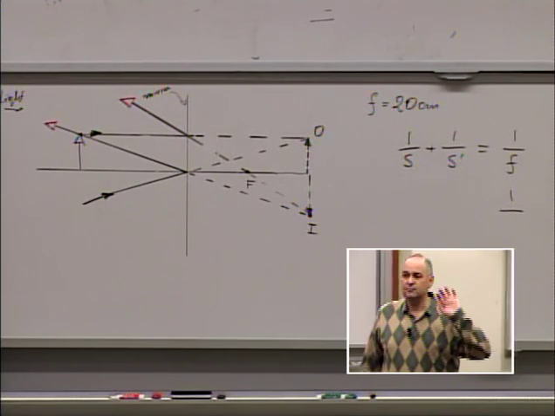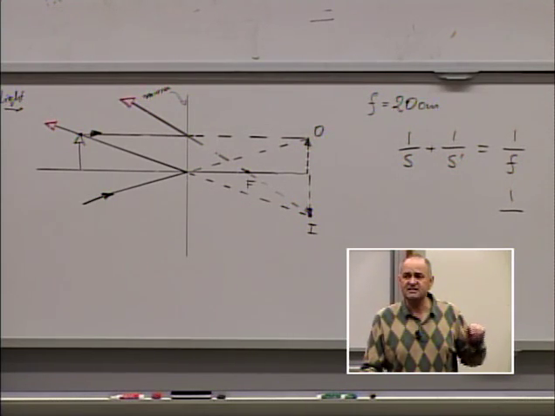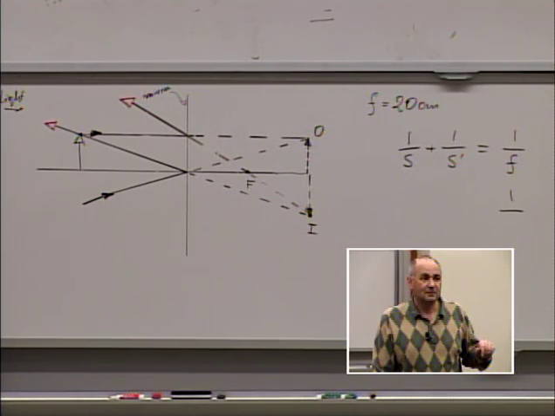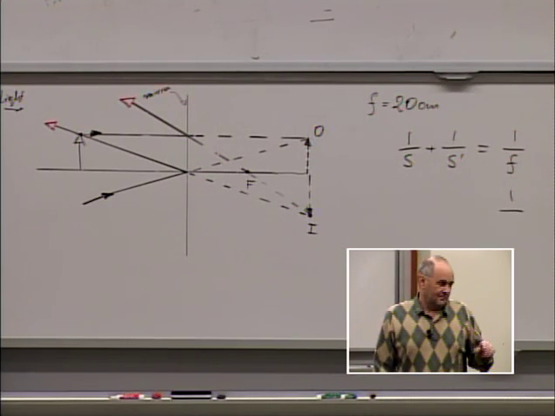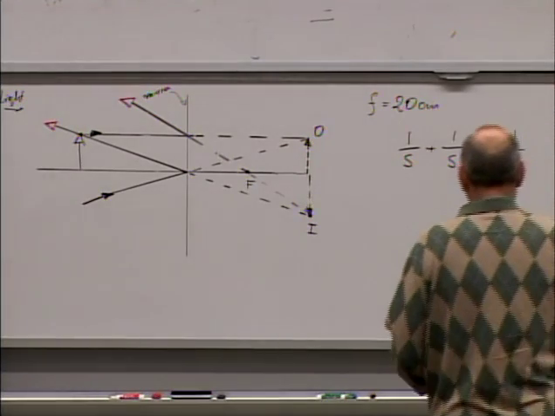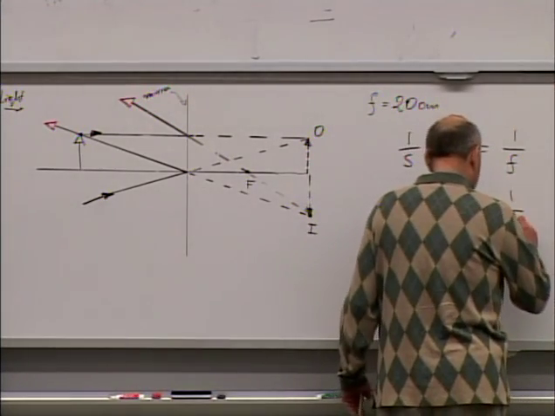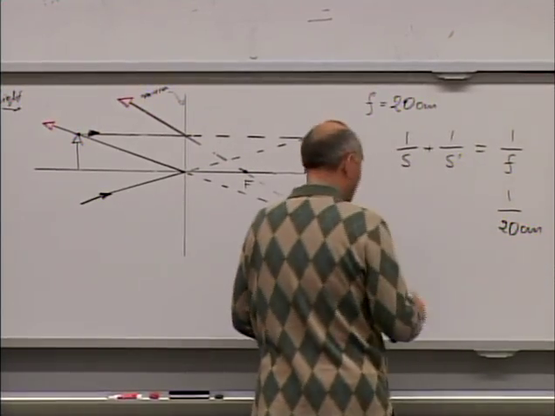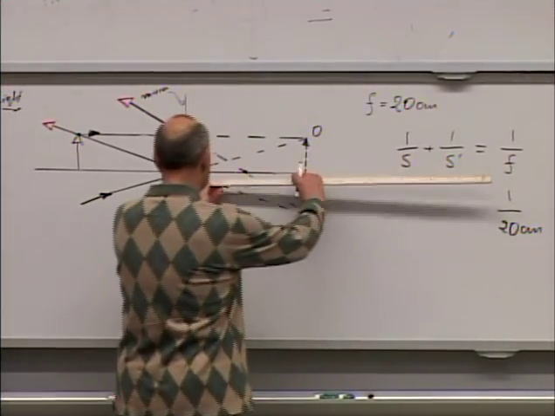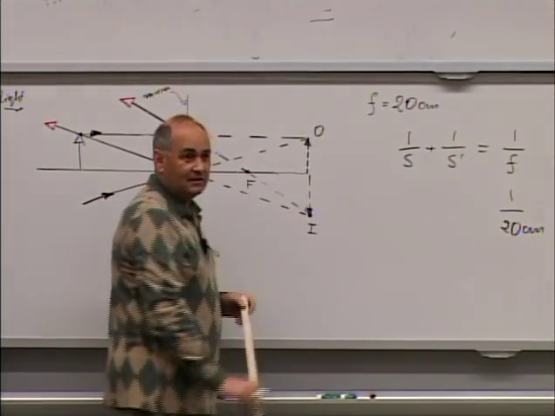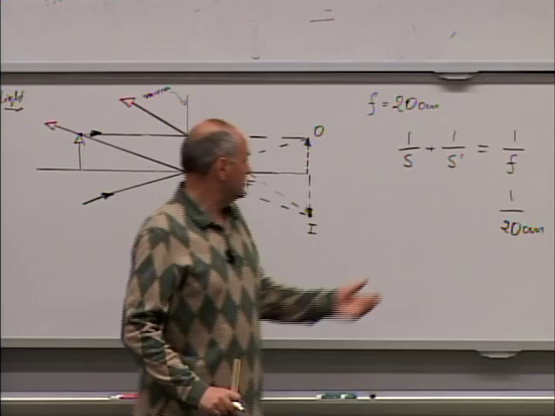Who votes that I should put 20 centimeters? Who thinks that it's another number? It is another number. Eric is close. What is F? If I measured here 20 centimeters. Yes, I measured 20 centimeters.